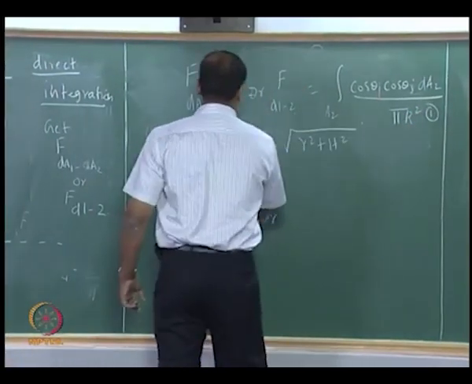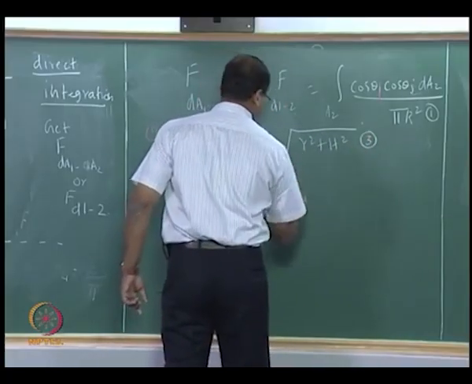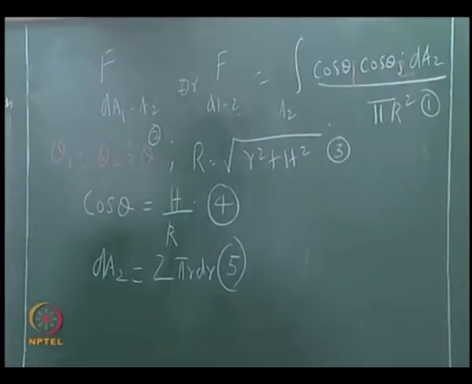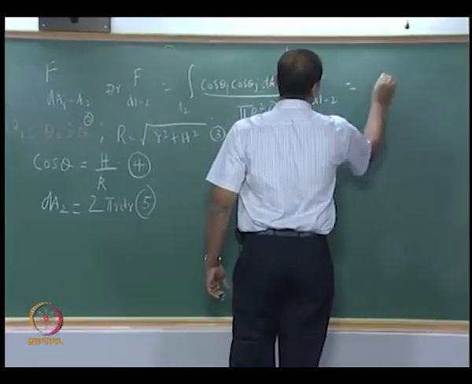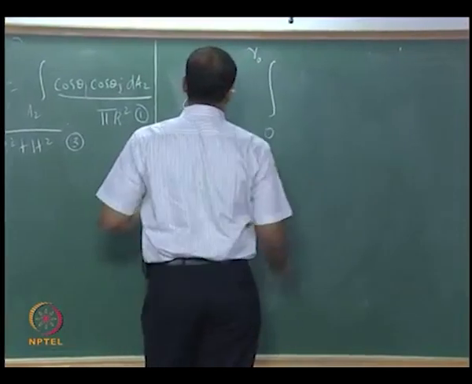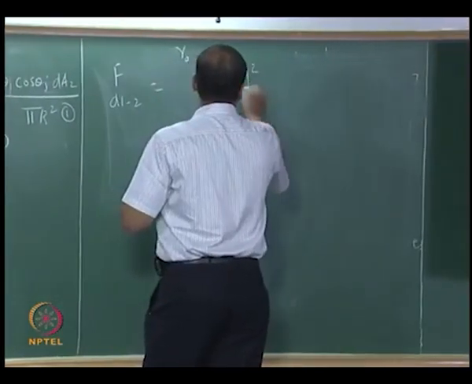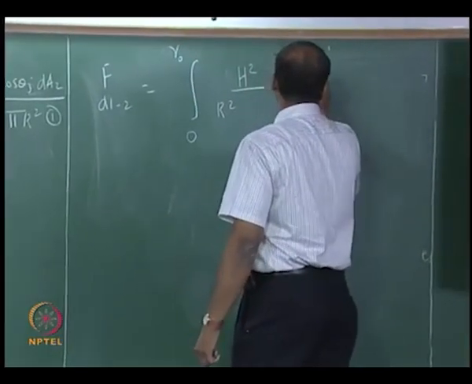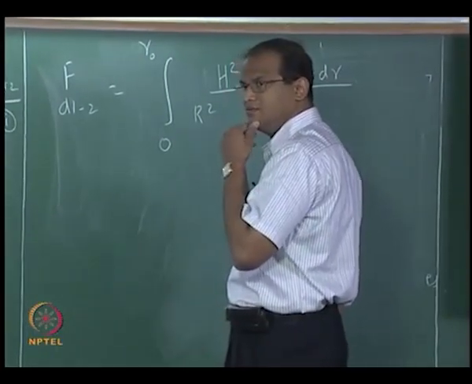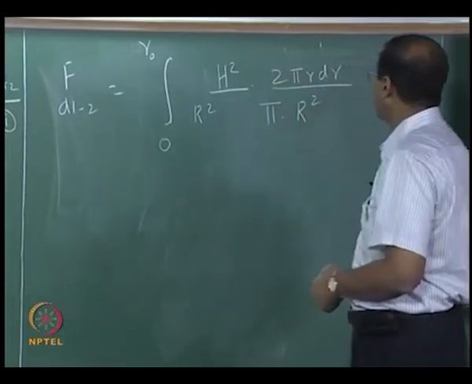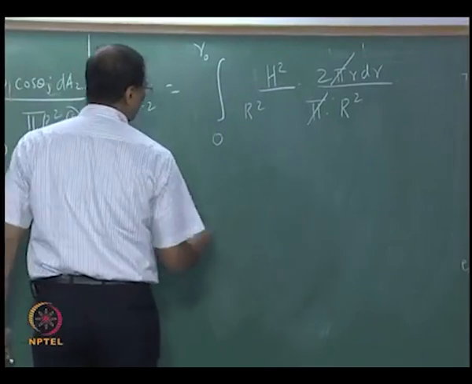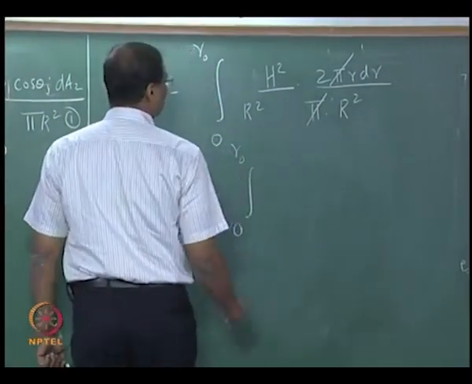Substituting for cos theta and dA2 in equation 1, we can get, what is the limit of the integration for r? 0 to r naught, very good. h squared by R squared, pi, r squared, is it correct? 2 h squared.